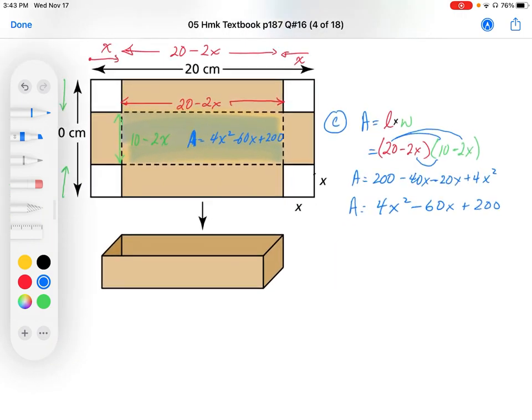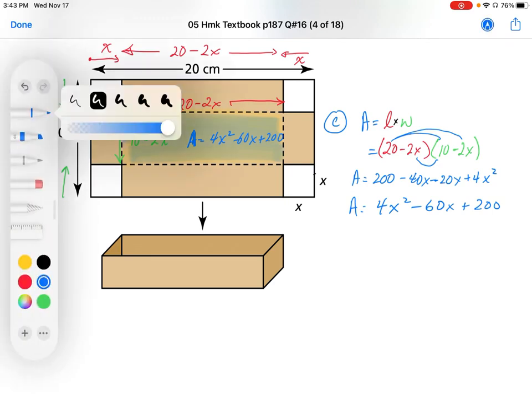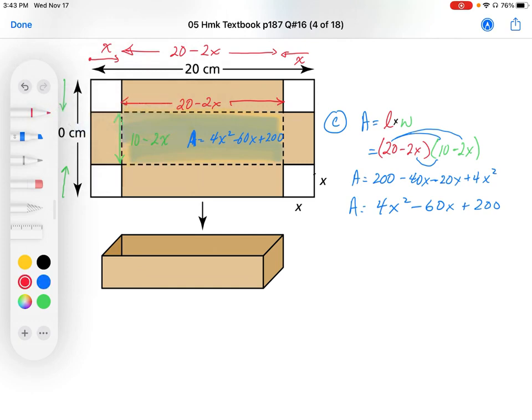Now the volume is going to be length times width times height. My length is still the same thing, 20 minus 2x along this line.